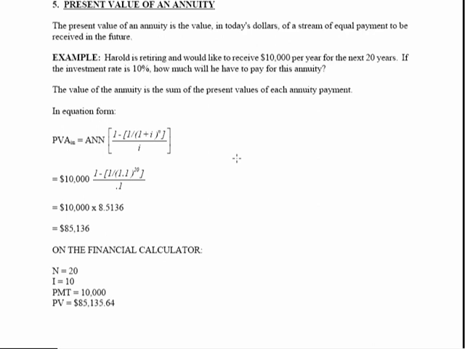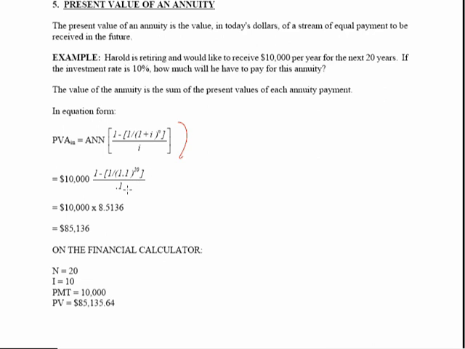And the present value of an annuity formula is a good one here. Definitely can't write this one with the mouse pen, but it's the annuity times the factor. In the numerator, we have 1 minus 1 divided by 1 plus i to the nth power, and this is all divided by i. So for our example above, with a 20-year N, 20 period N, and a 10% interest rate, we have 1 minus the quantity 1 divided by 1.1 to the 20th power.